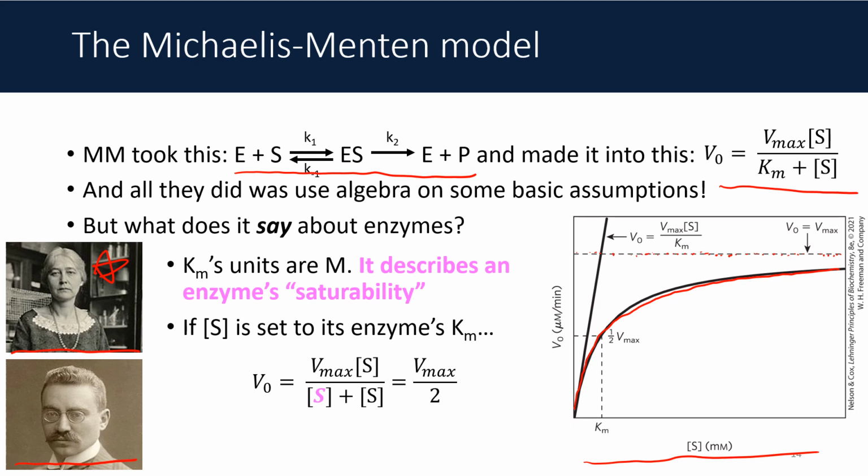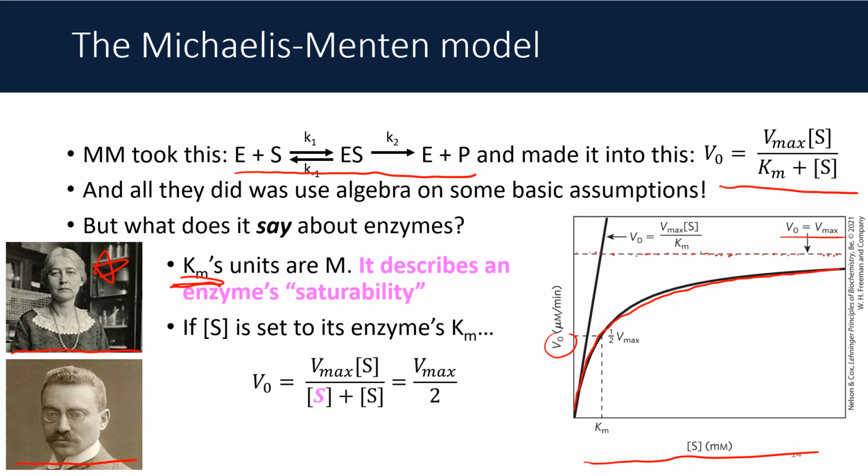And you can visualize that here, and you can see that the tangent instantaneous velocity, as we move it along this curve, is going to approach that value. So around here, we see V naught approximating Vmax. Another important takeaway is the Michaelis-Menten constant itself, Km.